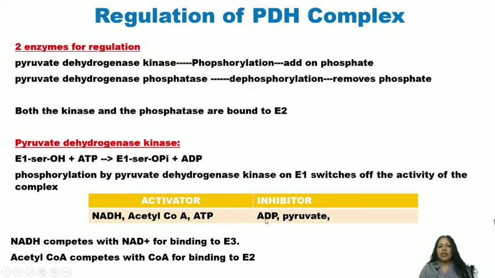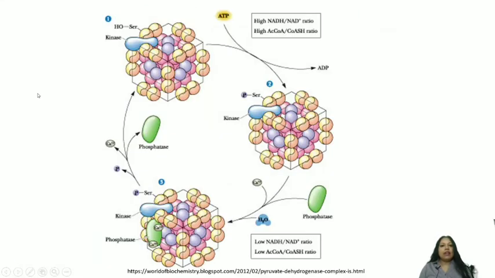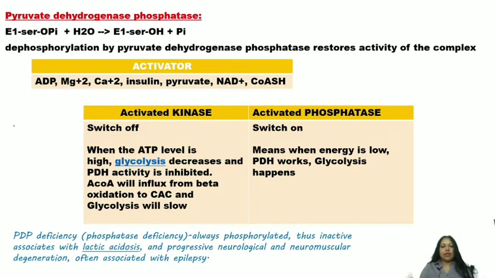ADP, what does ADP show? ADP shows there is less energy. Now coming to the next enzyme, which is phosphatase. Obviously E1 was phosphorylated by kinase.